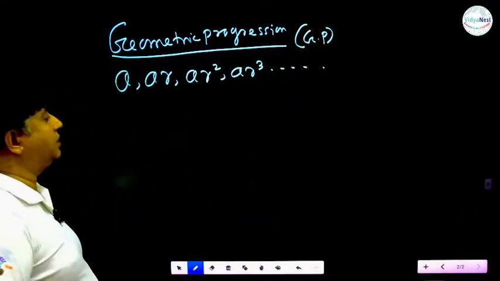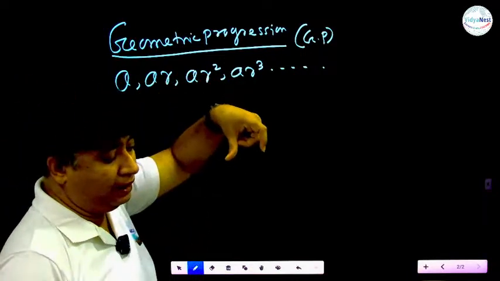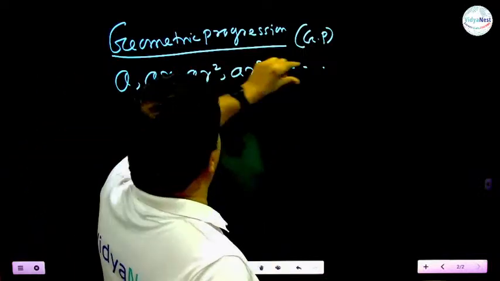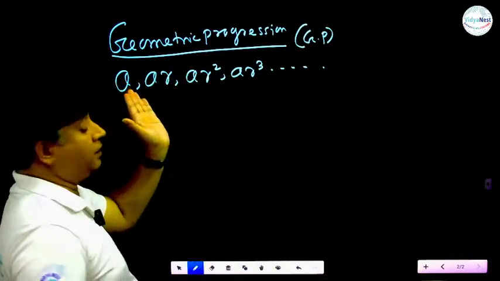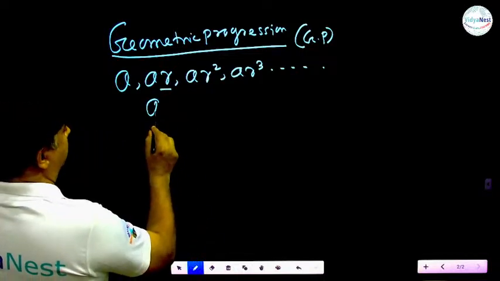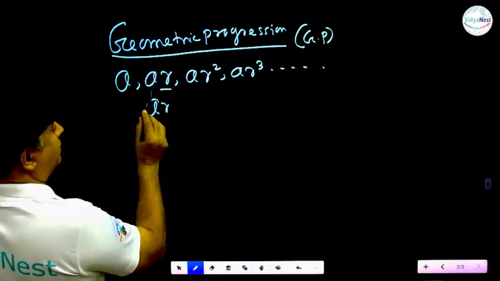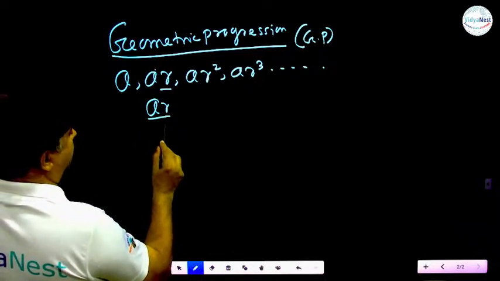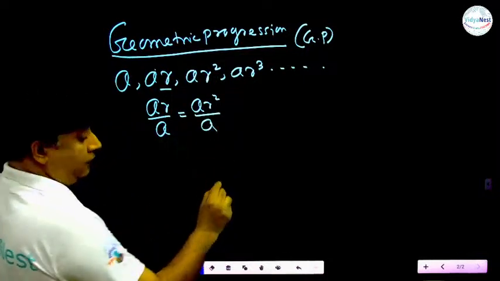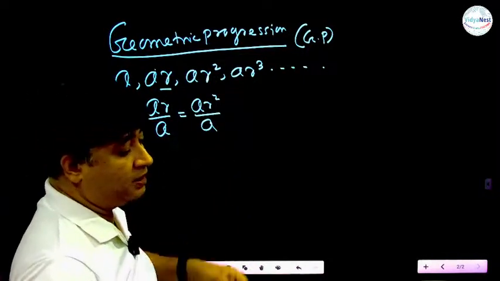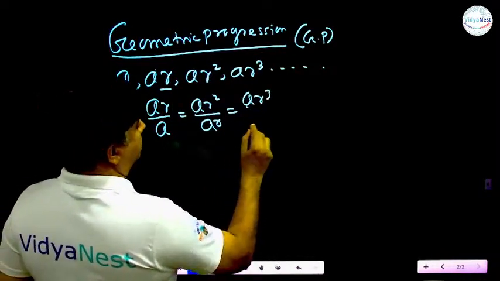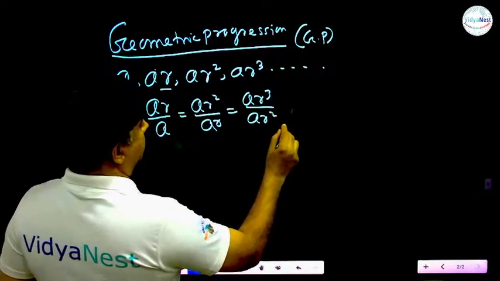How do you find that ratio? You divide the second one by the first, the third one by the second, the fourth one by the third.